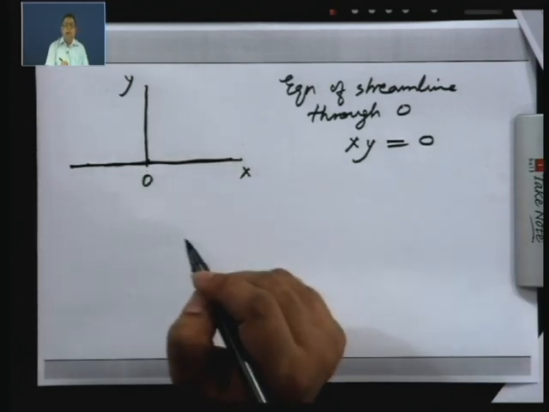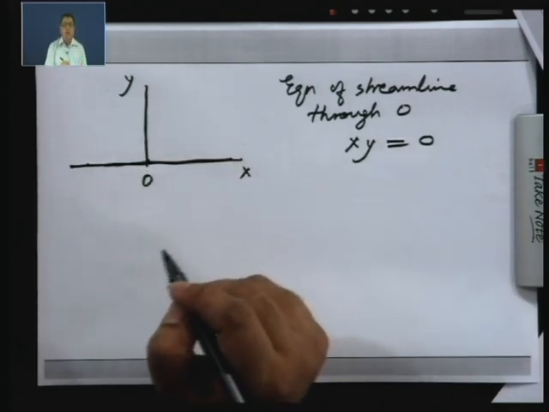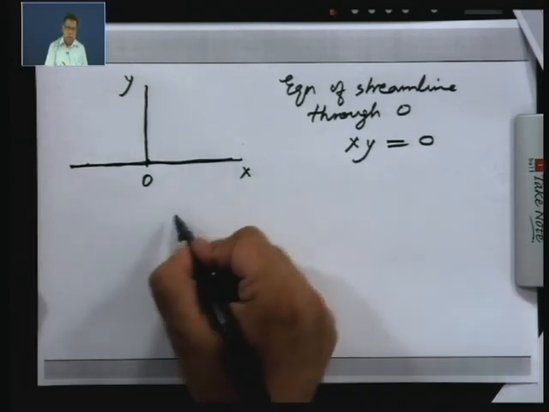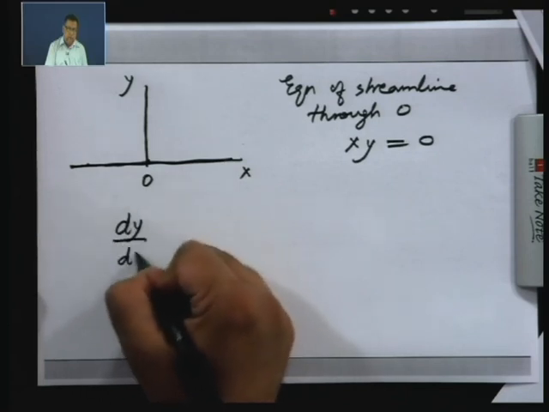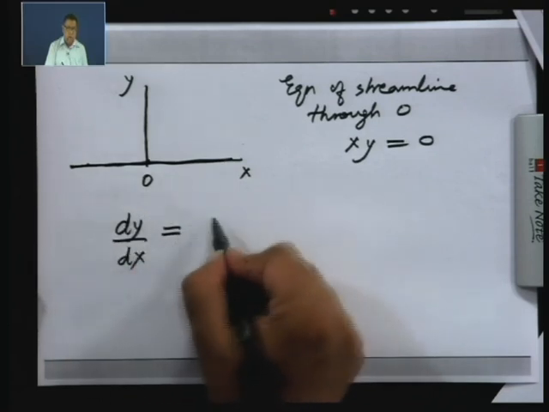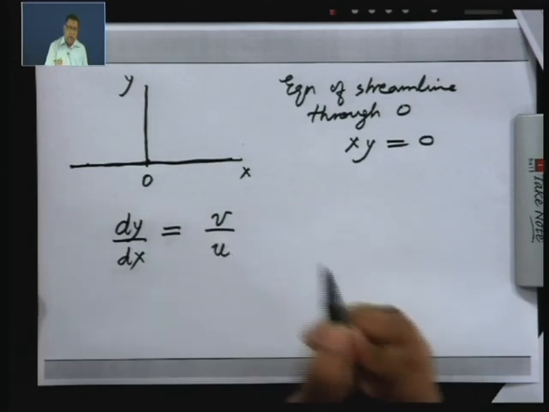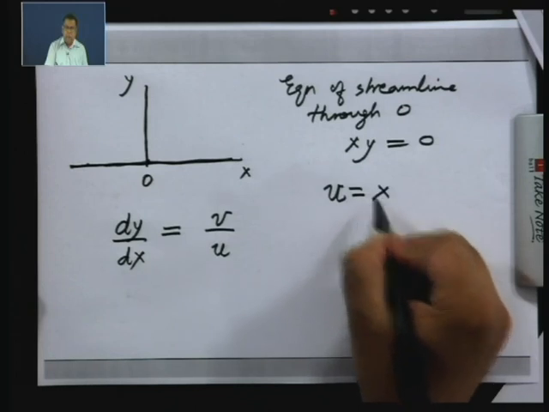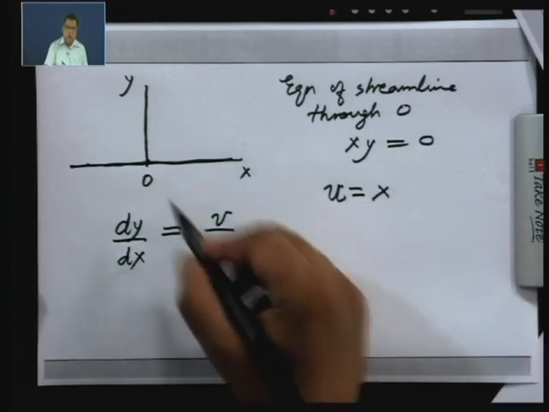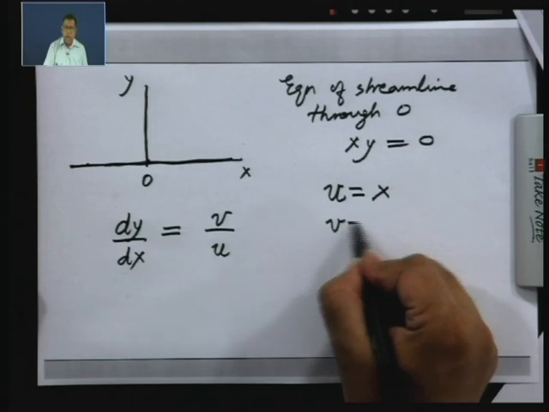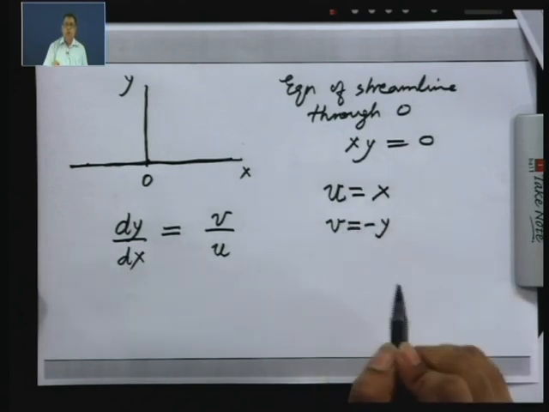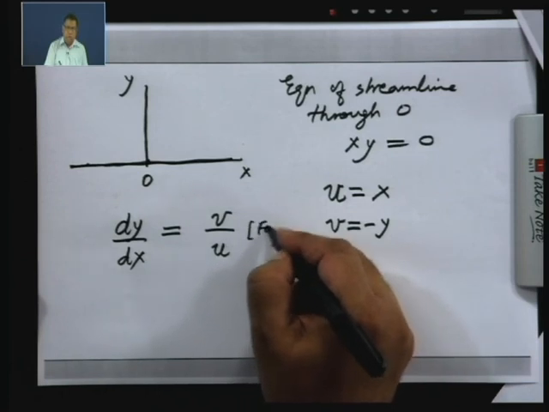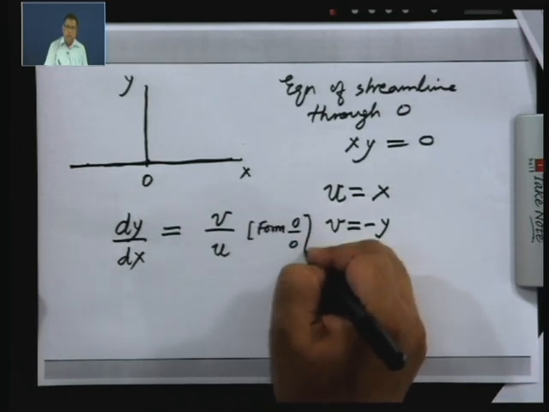Now, two streamlines can meet at a point only if the velocity is 0, otherwise you will have two tangents. So, here what is happening is, if you look at dy/dx, that is v by u. Now, u is x. So, u is 0 at the point O and v is minus y, which is also 0 at the point O. So, here what you have is an indeterminate form 0 by 0.